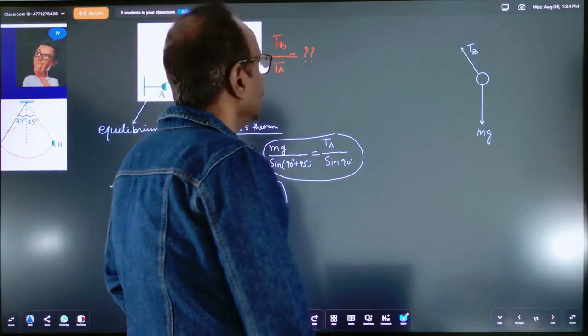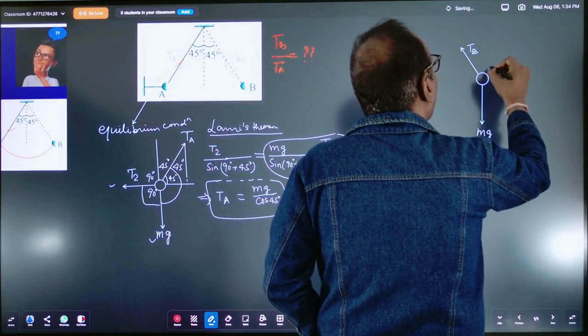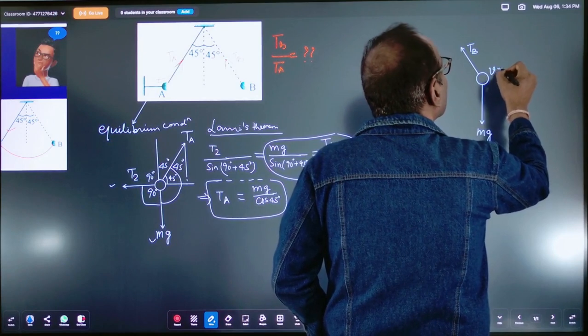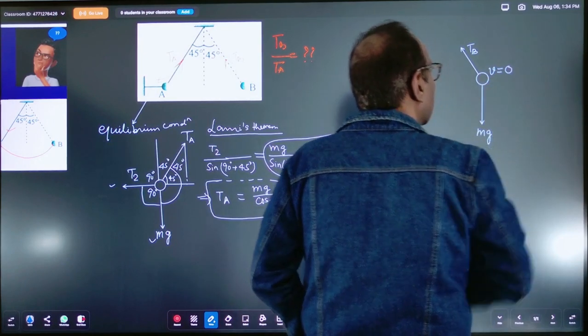At B location, the ball has come again to rest. Velocity was 0.